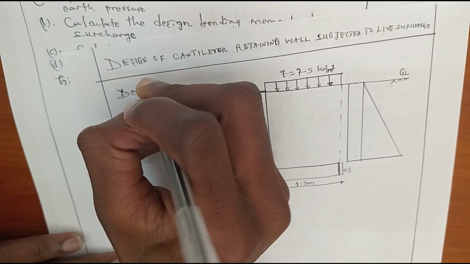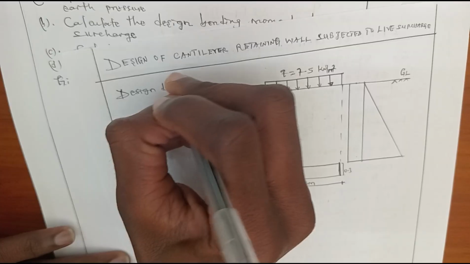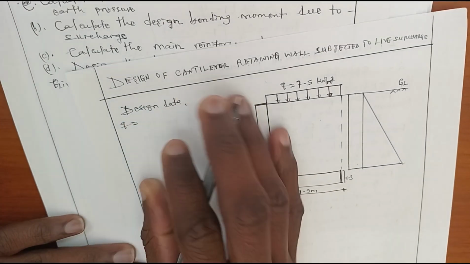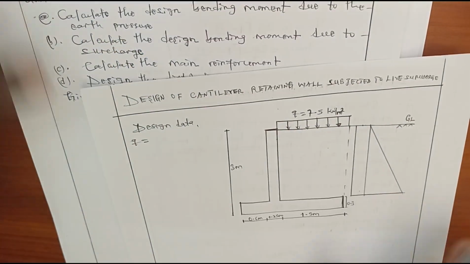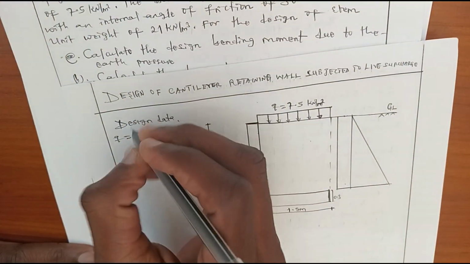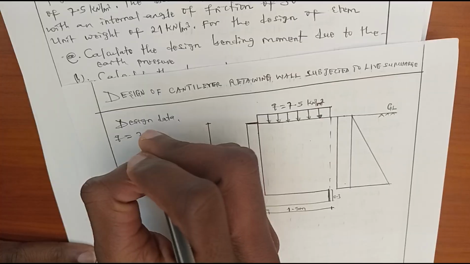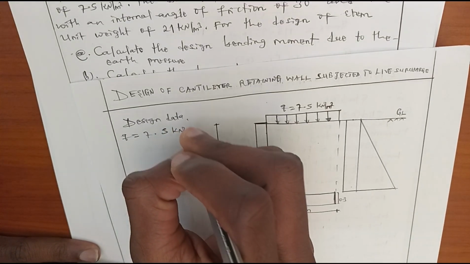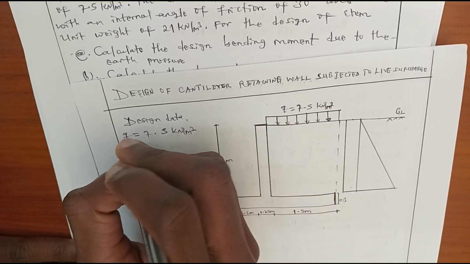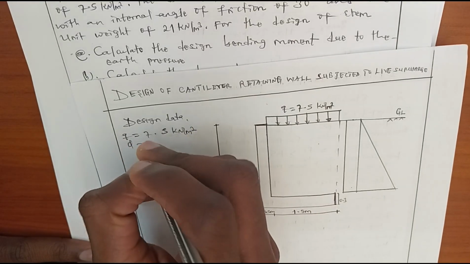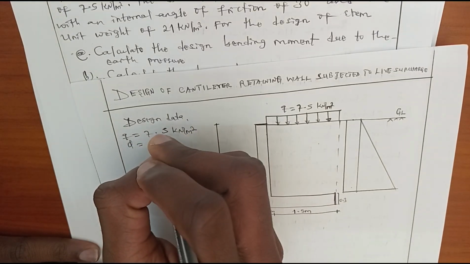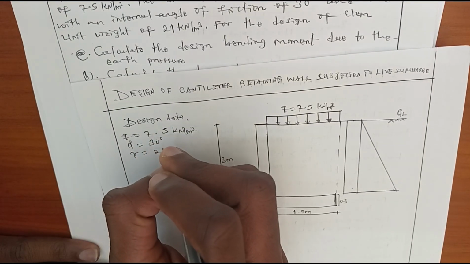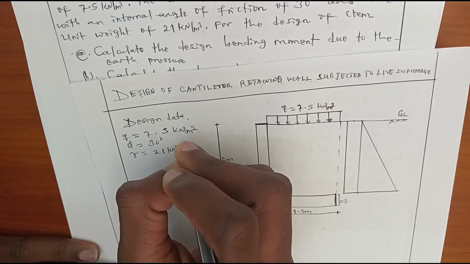Design data. We are given a surcharge of 7.5 kilonewton per meter square. We are given an internal angle of friction of 30 degrees, and the unit weight of soil, which is 21 kilonewton per meter cube.